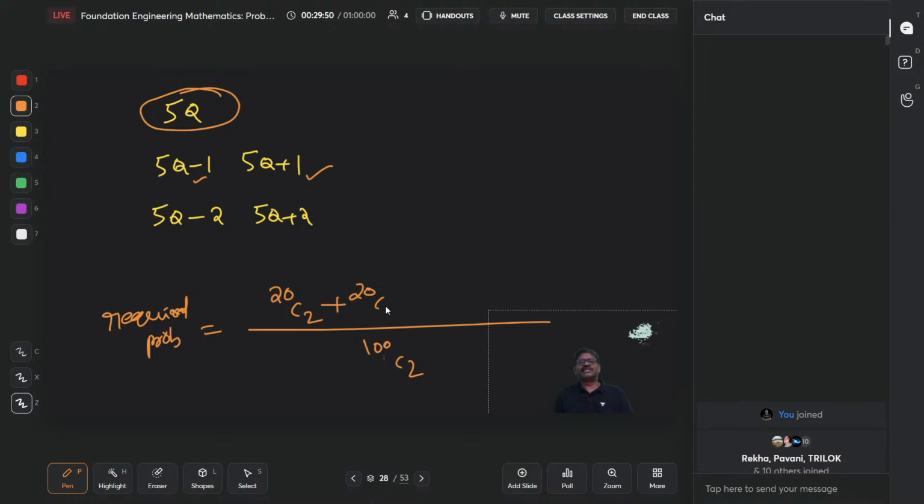So, 20C1 into 20C1, plus one number from 5q minus 2 and another from 5q plus 2, so 20C1 into 20C1. If you simplify this, you will get 1 by 5, that is nothing but 0.2 after simplification.